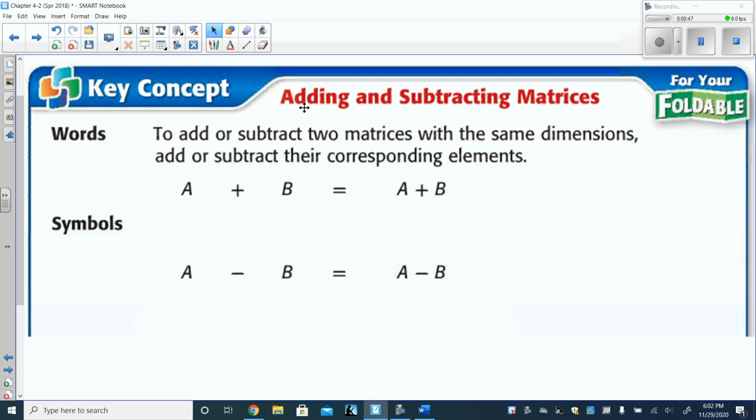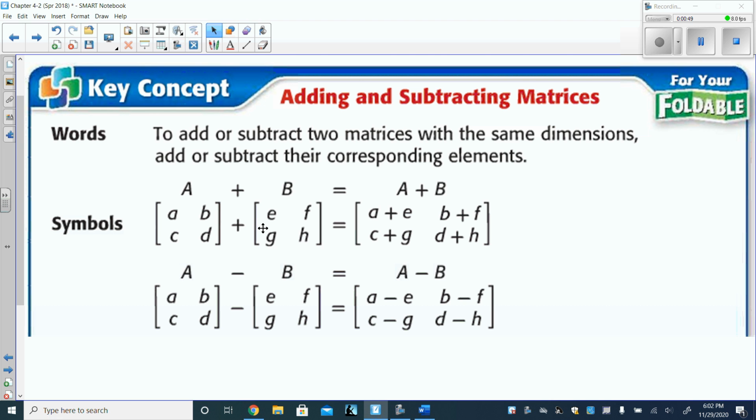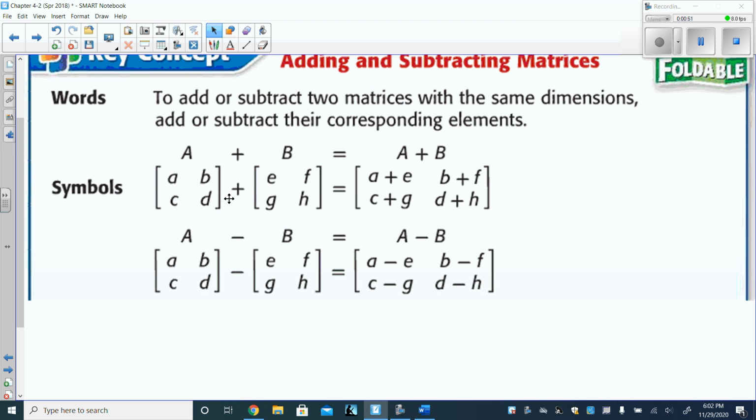That's what this here is explaining. If the dimensions are the same, we can add the corresponding elements or subtract the corresponding elements, depending on if we are adding or subtracting. And if you remember back to the last time we did this, it is possible to type these into the calculator, and I provided a link in Google Classroom to a video going over that.